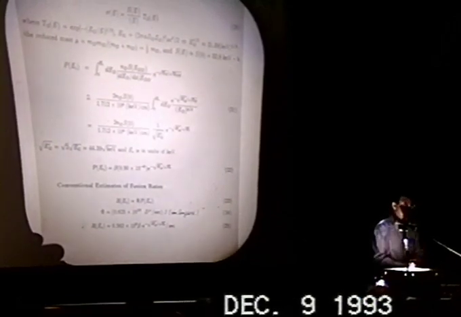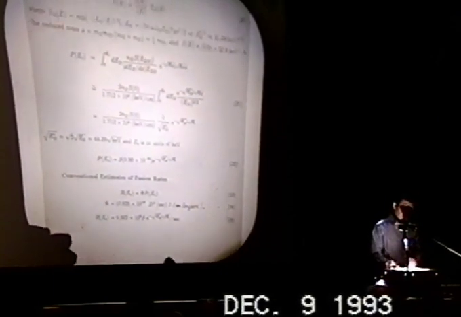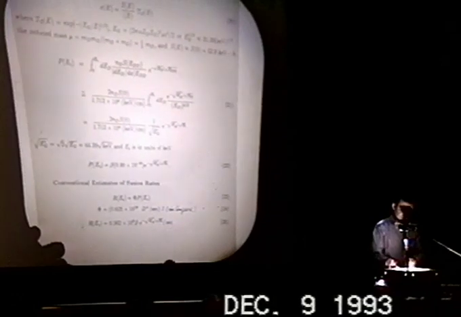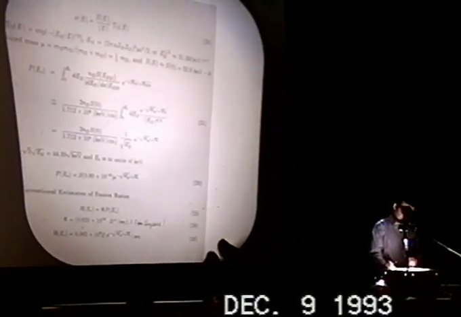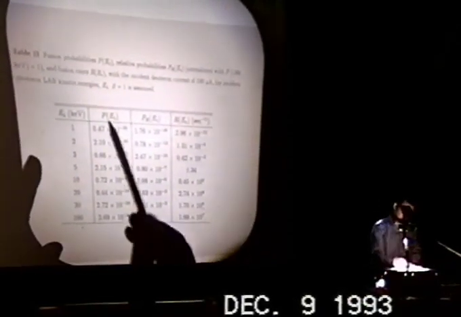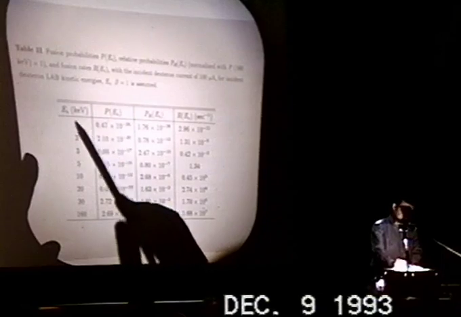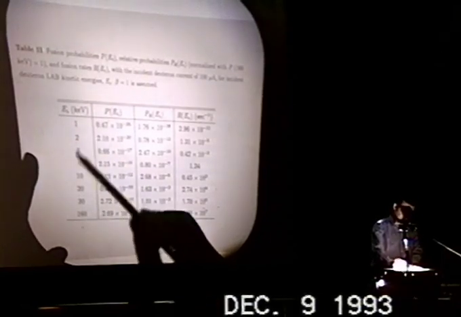I was amazed to find out that in 1934, they were doing more like a standard nuclear physics experiment we do nowadays. I guess that was a period when British science was most active here. Anyway, the result is this. You have the fusion probability as a function of incoming lab energy.